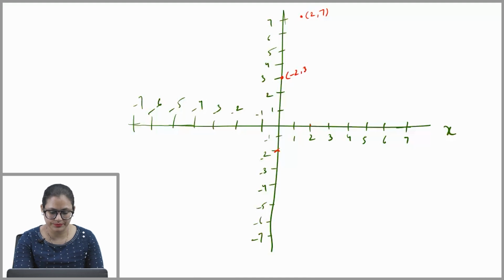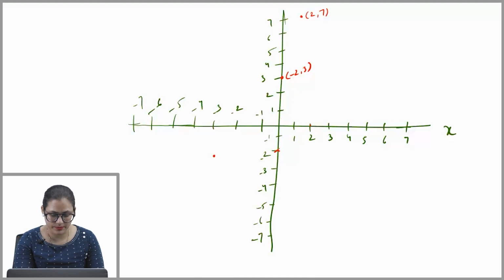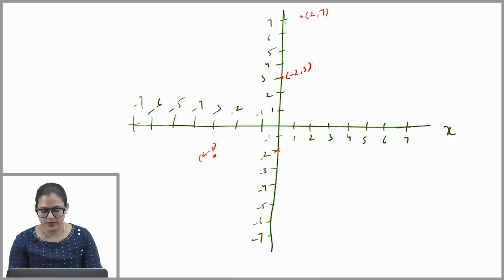Then you have (minus 2, minus 3) here. Then you have (2, minus 5), this one, the D point, (2, minus 5), right.